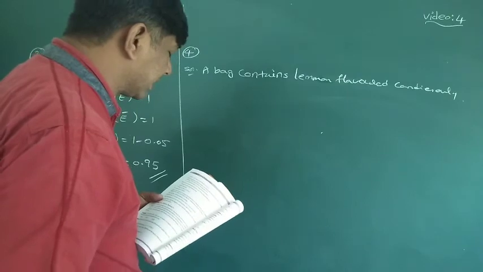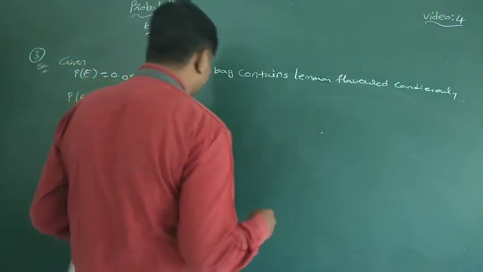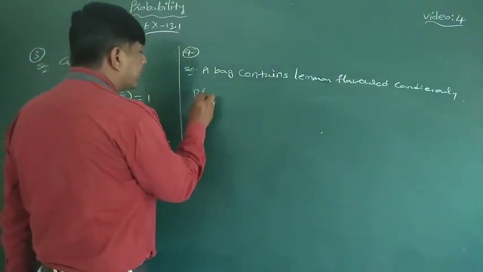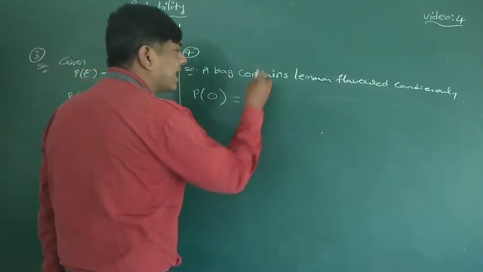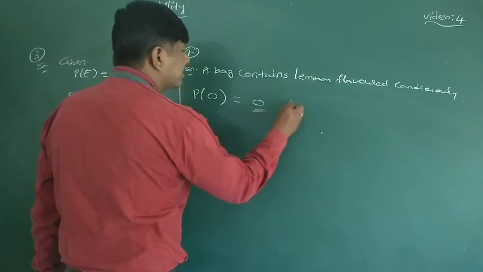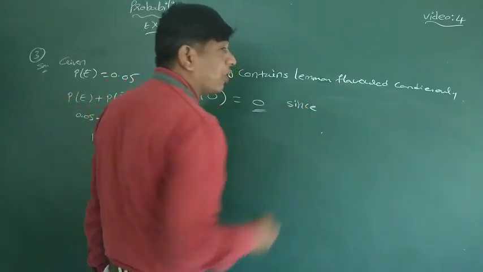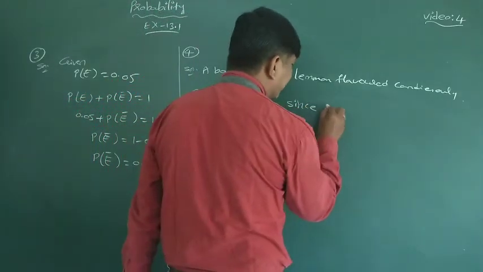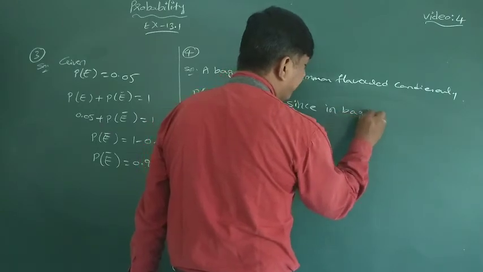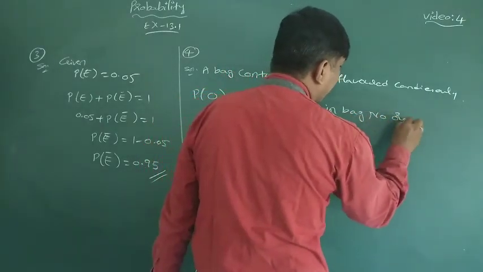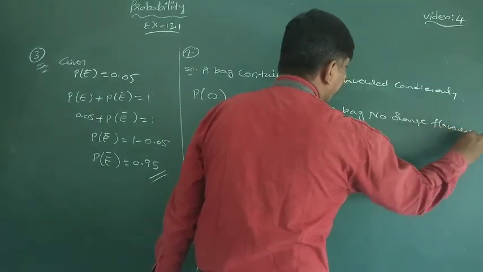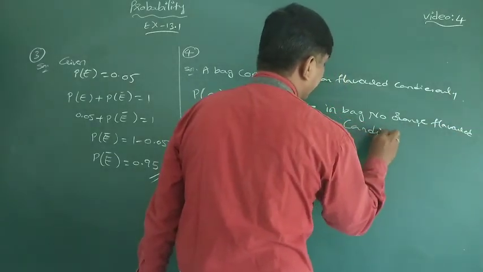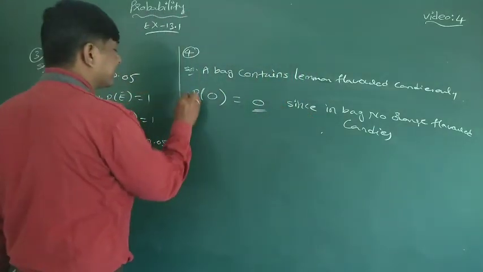What is the probability that the candy taken out is an orange flavored candy? Probability of an orange flavored candy is equal to 0, because in the bag there are no orange flavored candies. That was the first answer.